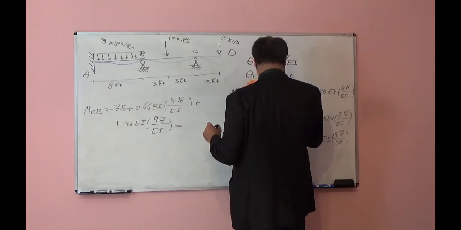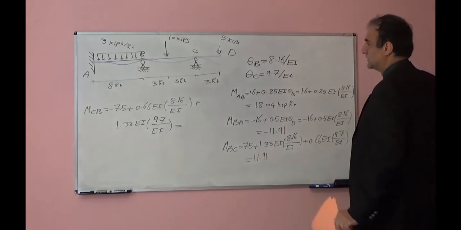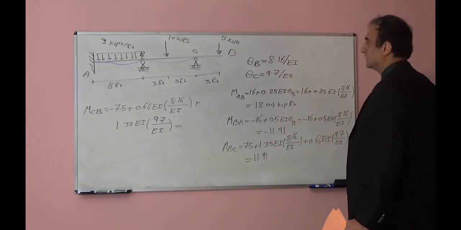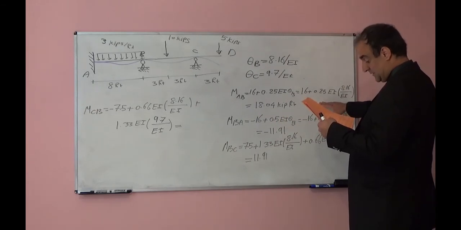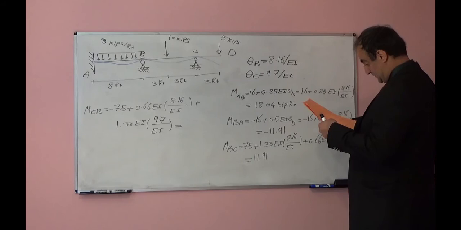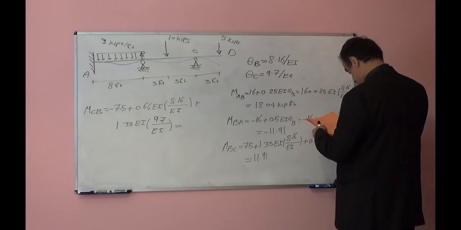everything is right. AB, it was right. MBA, it was right, I find negative. MBC, this is right.